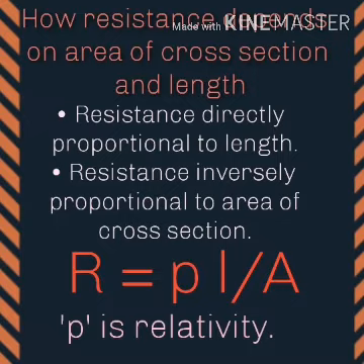Rho represents resistivity, not relativity, which is the reciprocal of conductivity. Resistance is directly proportional to length and inversely proportional to area of cross section, or R is equal to rho into L divided by A.